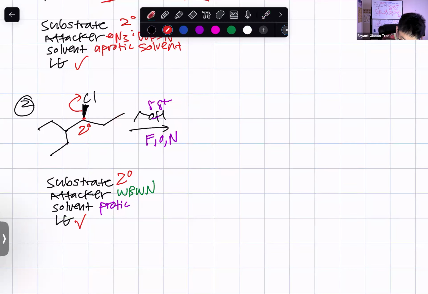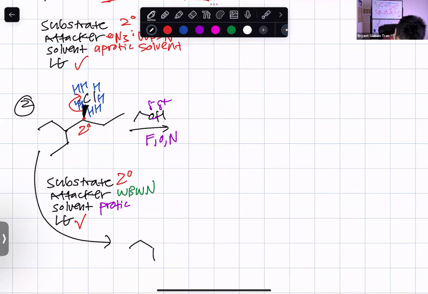A lot of partial positive hydrogens from the ethanol are going to surround that good leaving group and solvate it and grab it away, making it leave by itself, right? Once it leaves by itself, what is our intermediate here? What is this carbon's charge when it lost the bond? +1, right? Which is a carbocation.